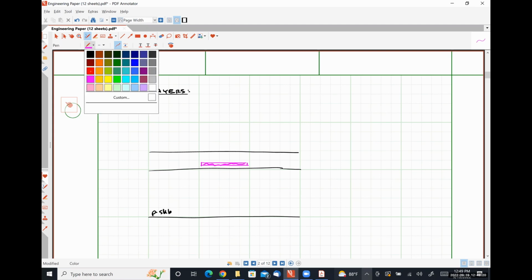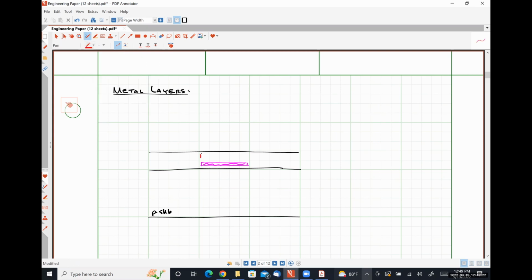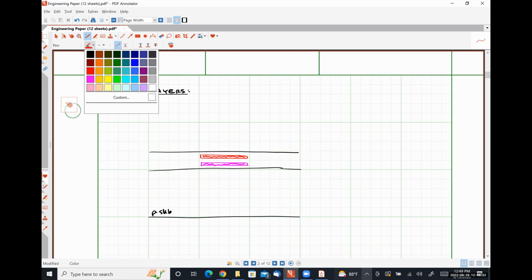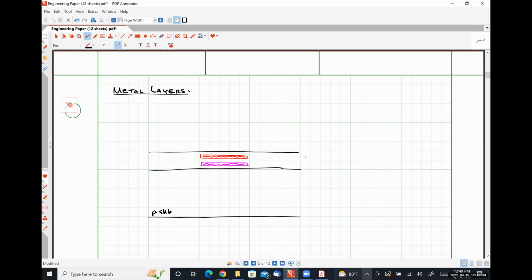And then we also have our poly 2 layer. And I'm going to refer to this right here as what's called an ILD, or interlayer dielectric. Effectively, it's a fancy thing for saying it's an oxide.